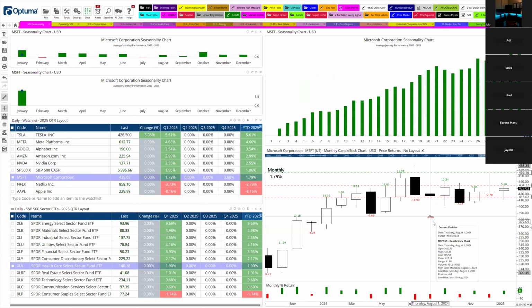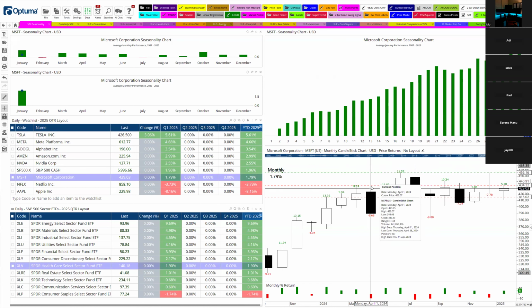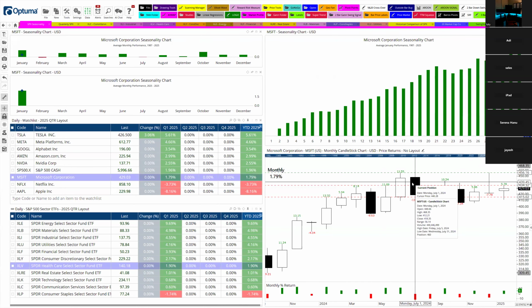Microsoft is good, and I like Microsoft, but the wave count is a mess. It's very, very hard. I can show you that, but it definitely has a very good-looking seasonality and is starting to improve as well.